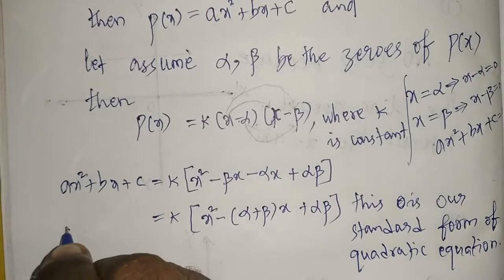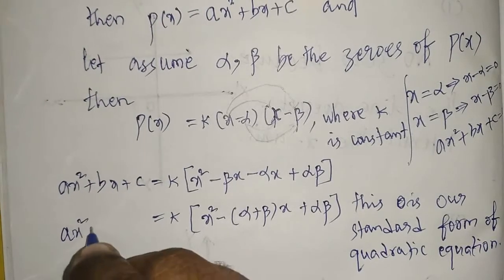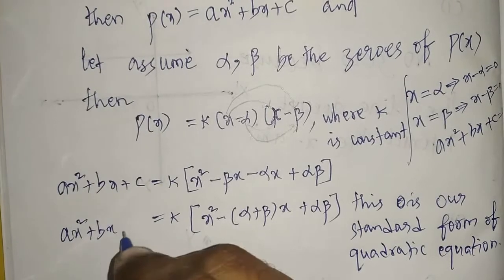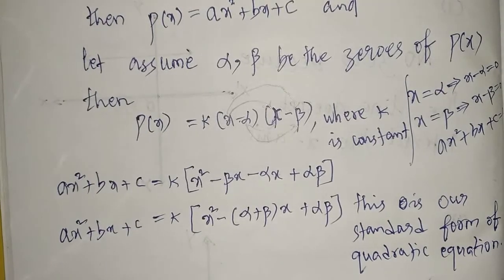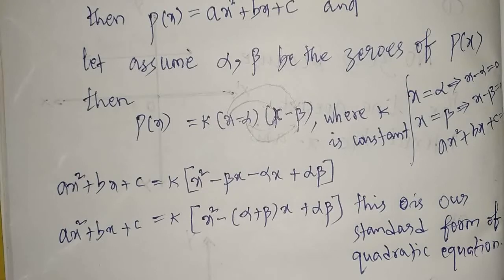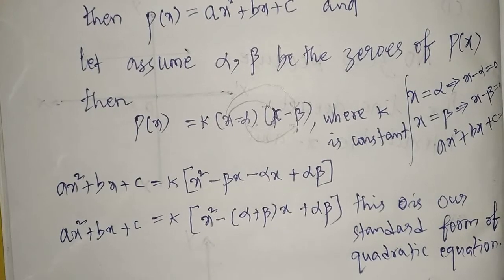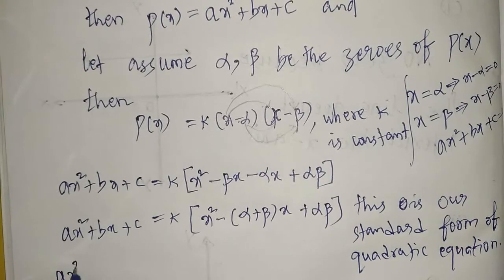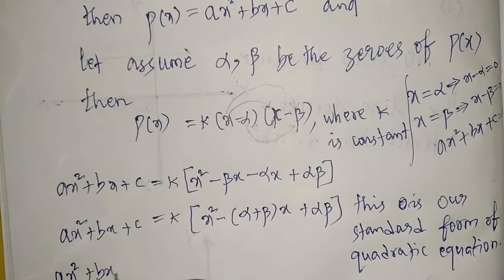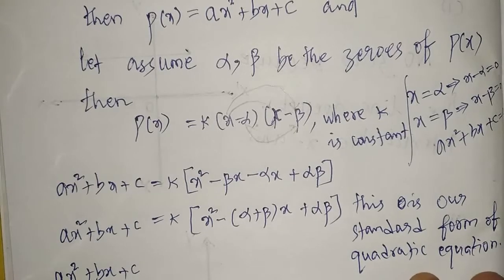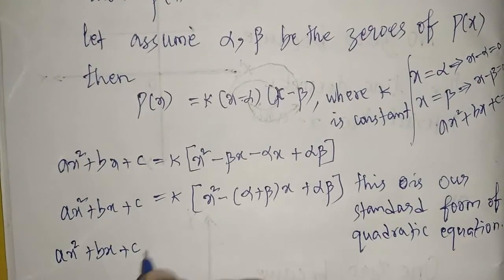Now you have to equate the coefficients of x square and x, like that. Before that we have k. This k, you can multiply inside and we'll see what we are getting. Now ax square plus bx plus c on the left hand side I'm not doing anything, just writing what we have.